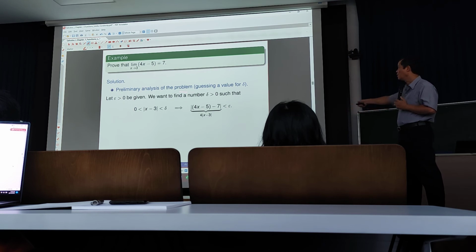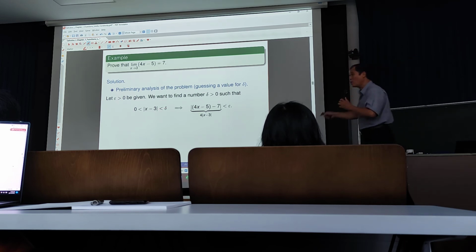Satisfy the conclusion that all x from the neighborhood of a equal to 3, with the radius delta, f is in the neighborhood of 7 with radius epsilon. You have to find delta satisfying this condition.